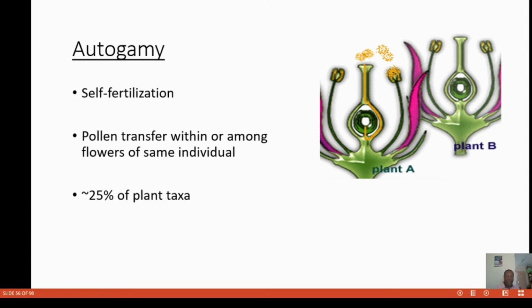And about 25% of plant taxa have autogamous fertilization.